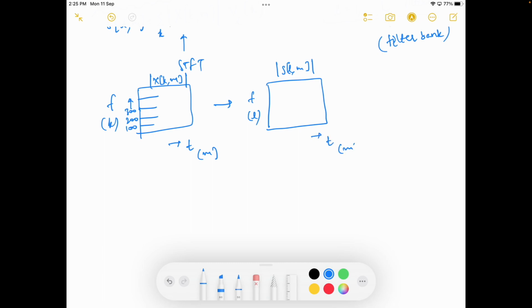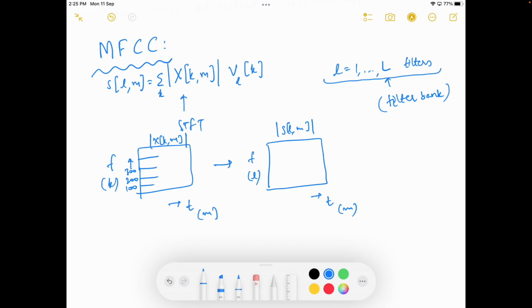This is time, m only. How will the Mel spectrogram look? Plus there were some changes: you have log and all that stuff, log and then plus 1. I think we discussed that earlier. Let's not.